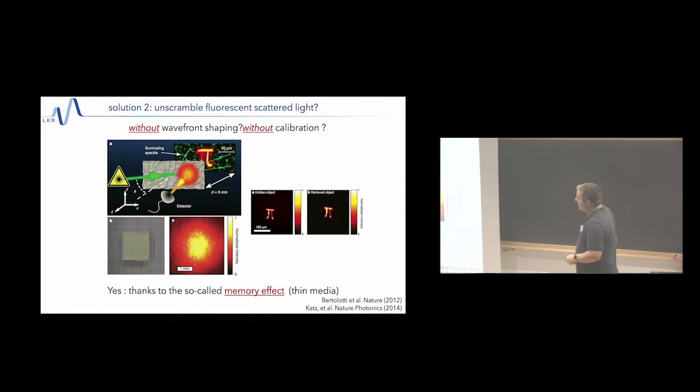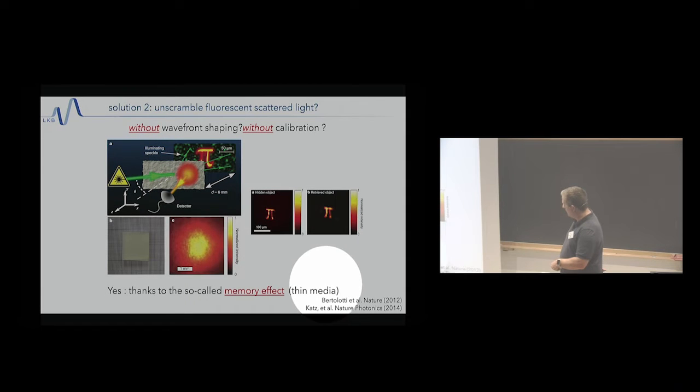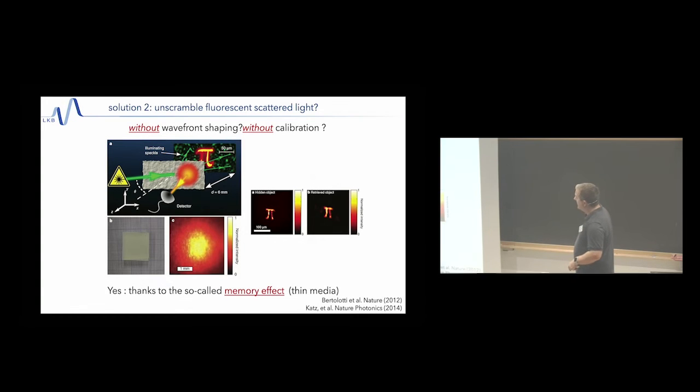Another approach is to try to unscramble this scattered light, and this was proposed by Jacopo Bertolotti and Allard Mosk. If I have a fluorescent object behind a scattering medium and I have some memory effect, I can show that from this speckle blur, this fluorescence blur here, I can extract the object, without any shaping, just computationally.